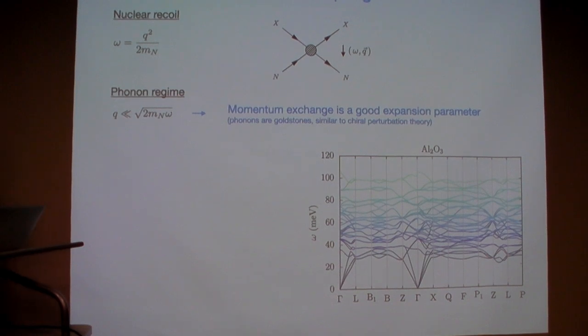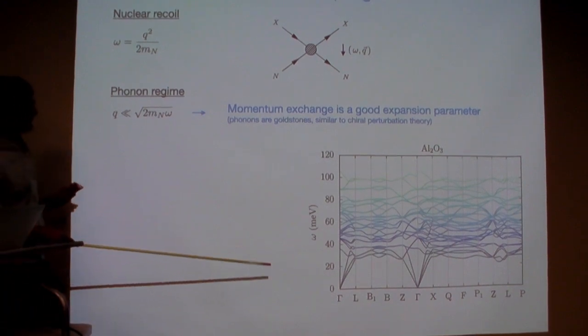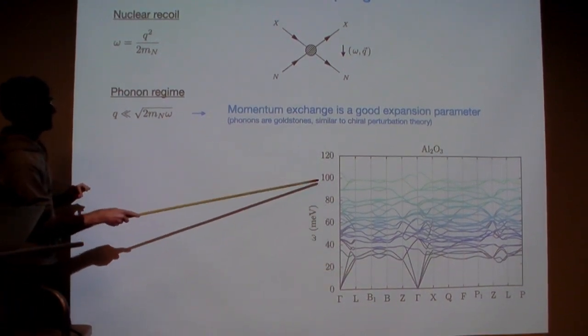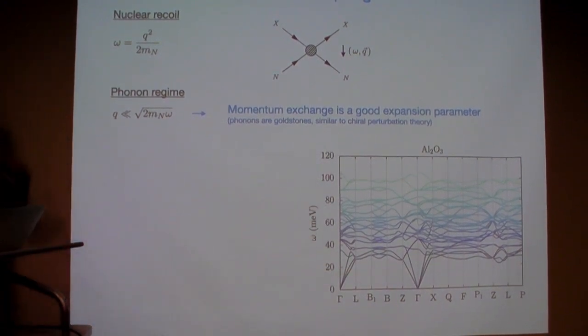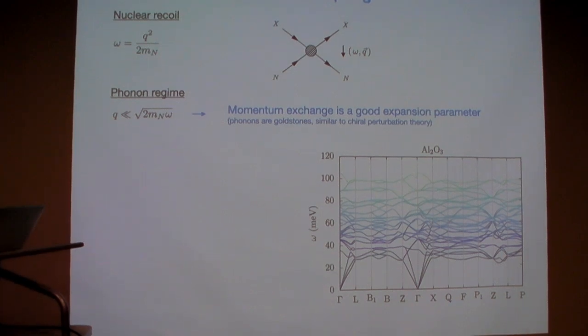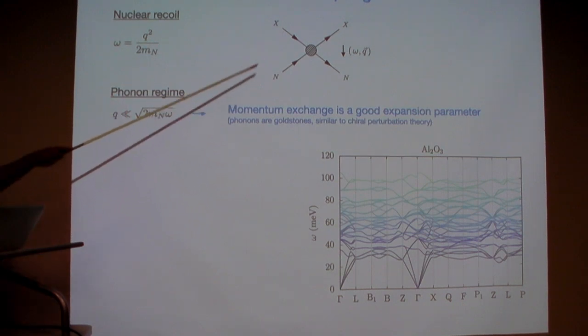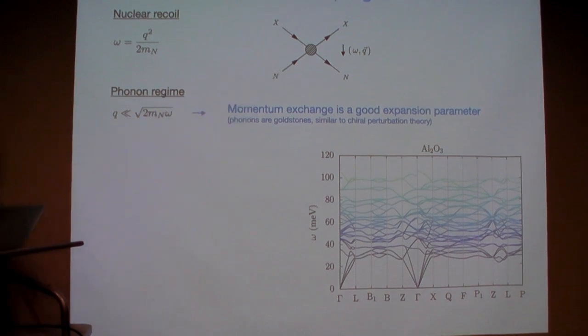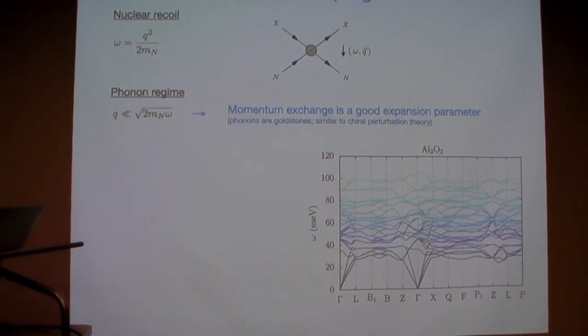And so what we're going to be doing is we're going to try to calculate the coupling of the dark matter to these individual phonon modes, and then do an EFT expansion of these things. Loosely speaking, the EFT expansion is going to be organized in terms of the momentum transfer q. That's the amount of momentum that's transferred from the dark matter into the nuclei in the crystal, or into the material as a whole.